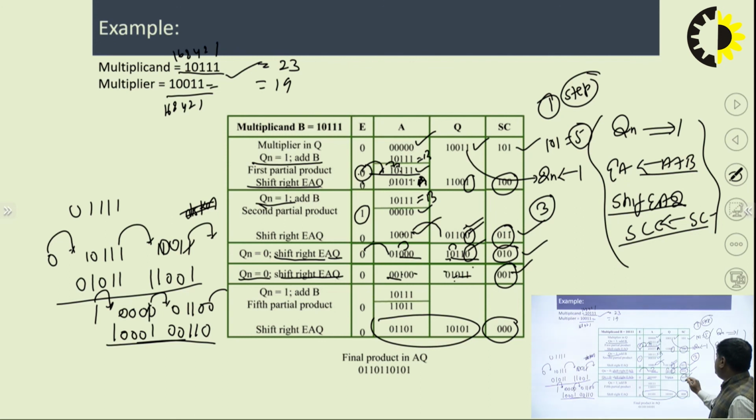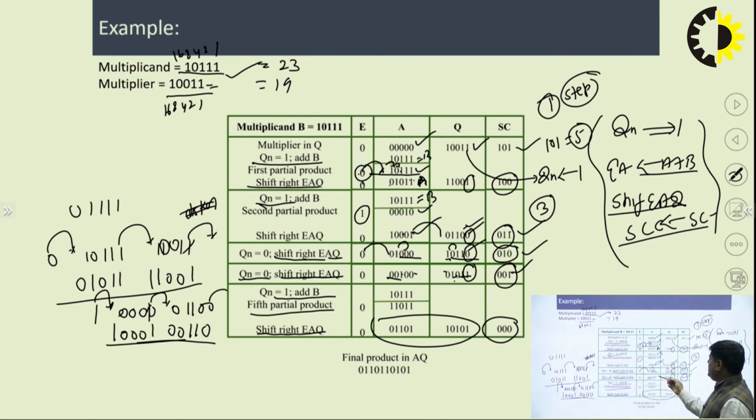Again check SC, SC is not 0, so we again move to the checking state and check QN. Now here QN is 1. For the one case we add A plus B and do the shifting operation.